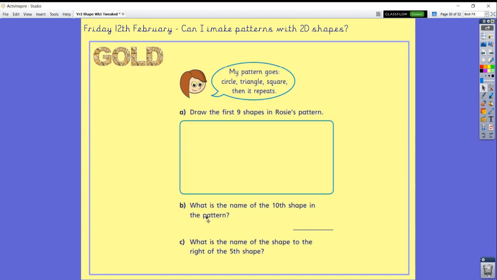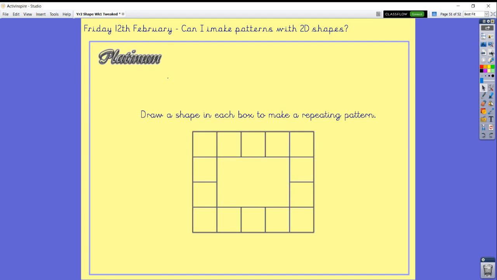Then she's asking you, what is shape number 10 going to be? And what was the shape of number 5? And then finally, can you create a repeating pattern that just doesn't stop, that goes around the edge of this rectangle using the same number of boxes?